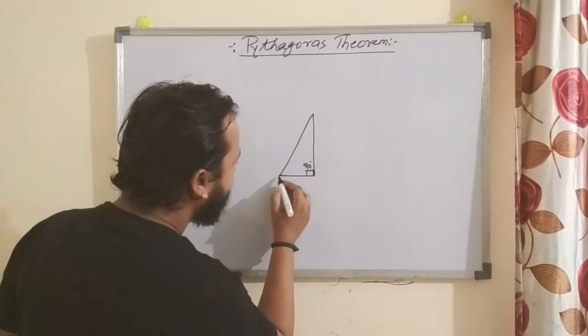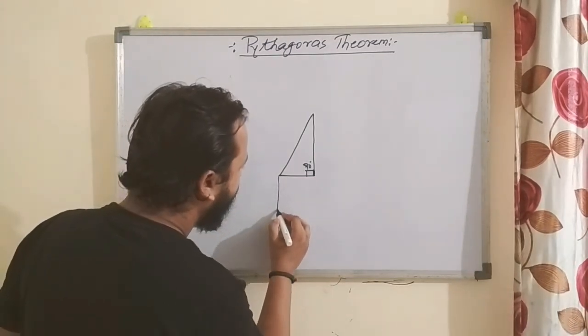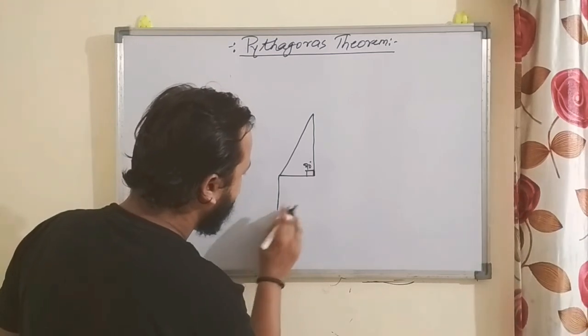So if we make a square on each side, right?